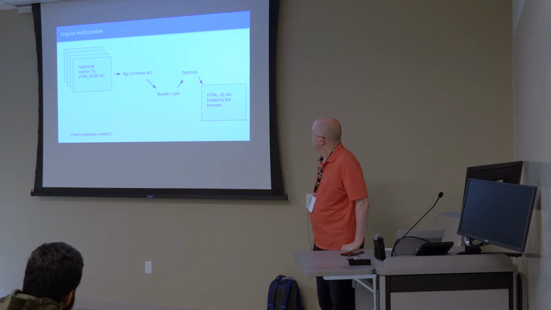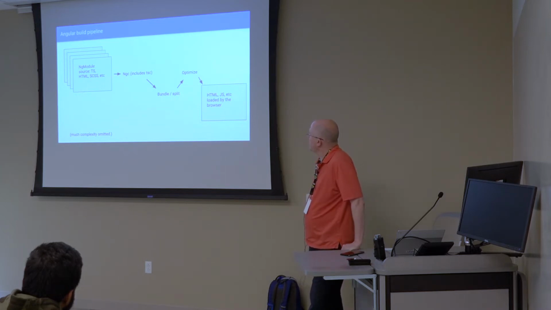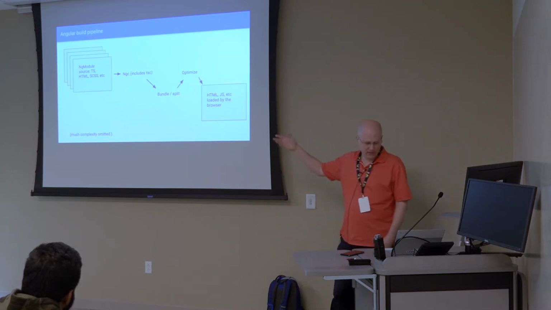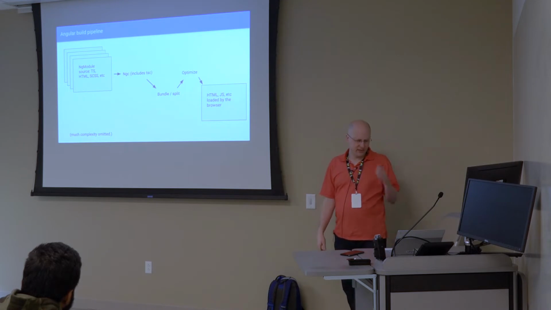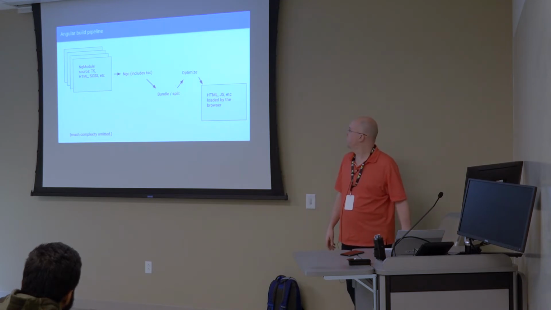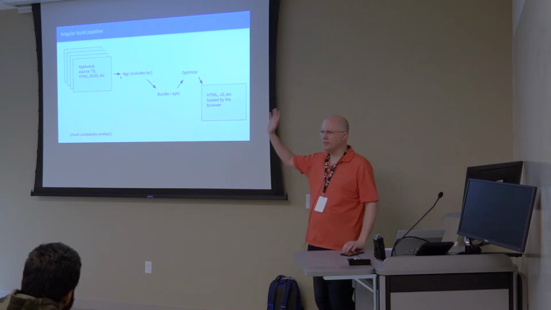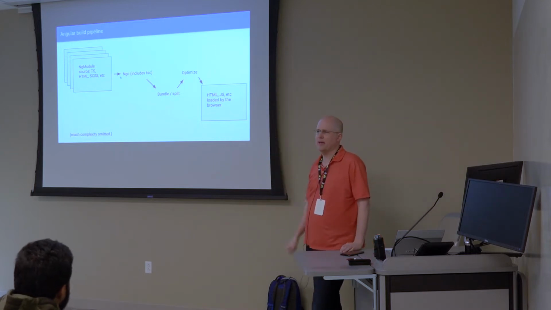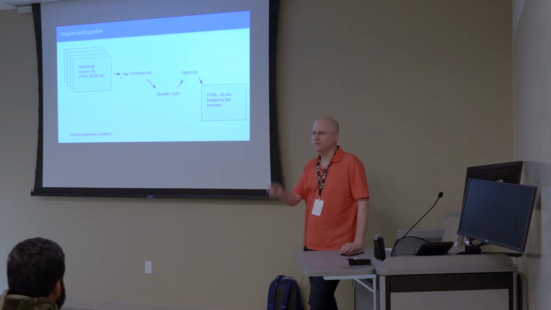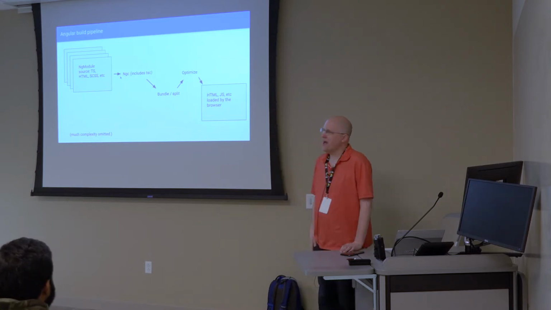Okay, so omitting a lot of the complexity, this is what the process of building an Angular application looks like. You've got some ng modules, so you've got more than one of them here. You run through this tool called ngc. Raise your hand if you ever ran the ngc command by hand? 2, okay, great.